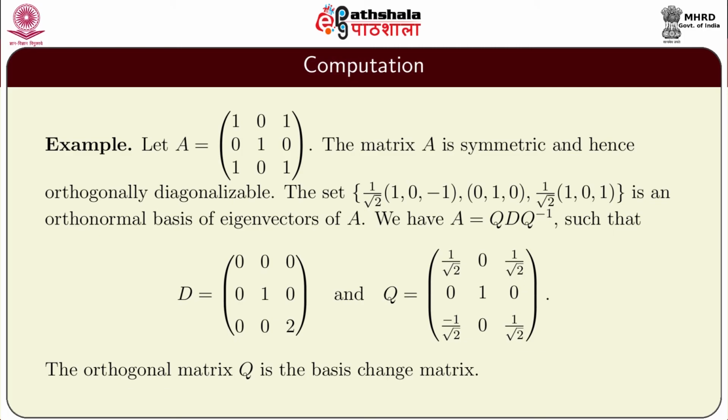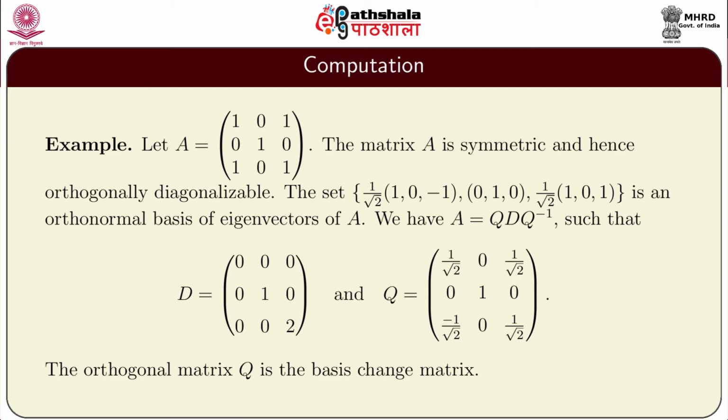We therefore have A is equal to Q D Q inverse, such that D is the diagonal matrix where the principal diagonal entries are the eigenvalues of A, and Q is this matrix whose first row is 1 over root 2, 0, 1 over root 2, second row is 0, 1, 0, and the third row is minus 1 over root 2, 0, 1 over root 2.